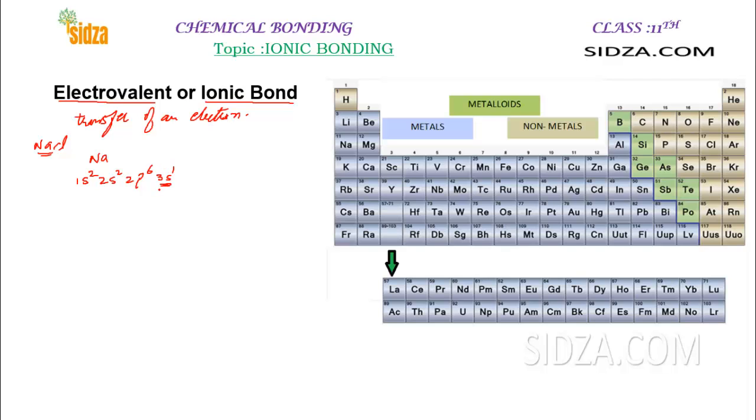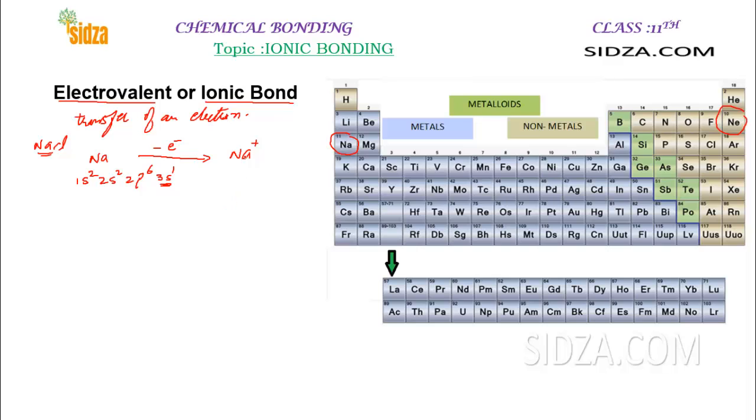It can gain the nearest noble gas electronic configuration, which for sodium is neon with atomic number 10. So it can gain the nearest noble gas electronic configuration by the loss of an electron. So when there is a loss of an electron from the sodium, what do you get? You get the sodium cation.